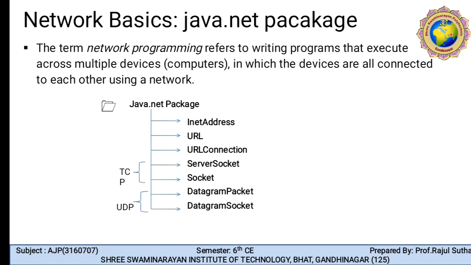Here the Java.NET package covers first INET address, then URL connection, server socket, datagram packet and datagram socket. Here server socket and socket are covered under TCP, while datagram packet and datagram socket are covered under UDP.